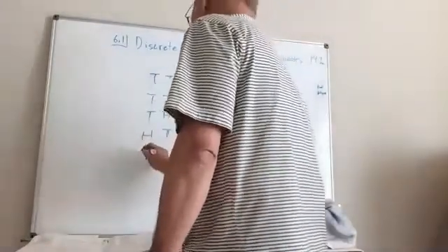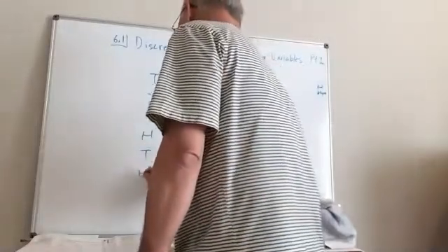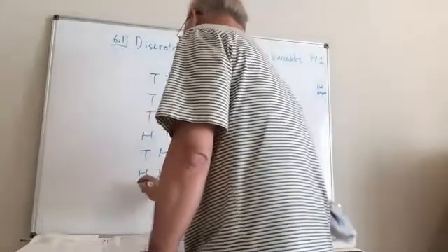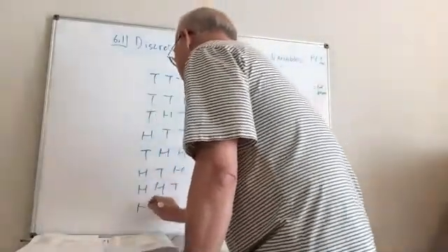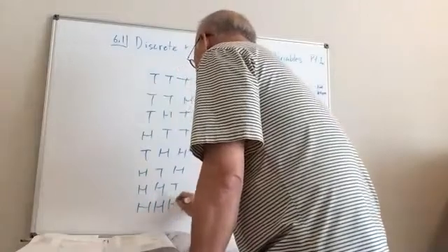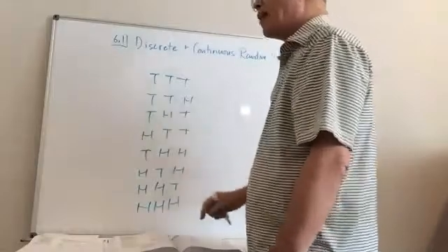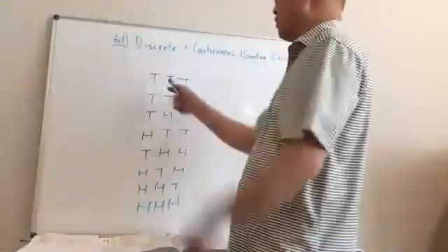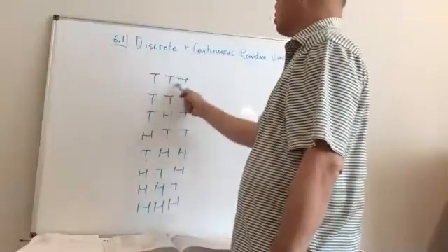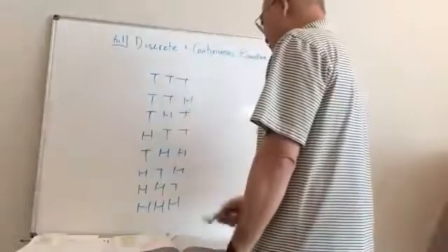What else am I missing here? I am missing T, H, H, H, T, H, H, H, T, and then I have all heads. 1, 2, 3, 4, 5, 6, 7, 8. I have 8 different cases, right? Because I can have 2 times 2 times 2. So it'd be 8.